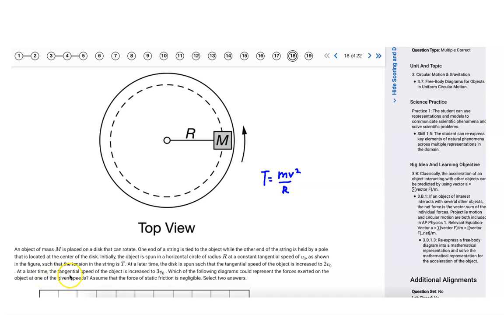At a later time, the tangential speed of the object is increased to 3v0. Which of the following diagrams could represent the forces exerted on the object at one of the given speeds? Assume that the force of static friction is negligible. Select two answers.